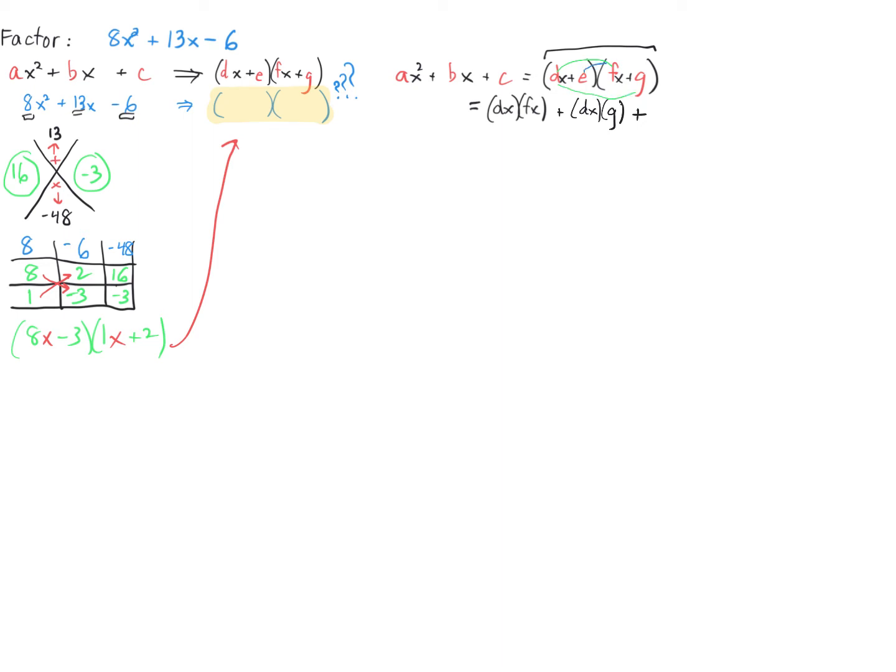So e gets multiplied by the fx, or we can think of that as the inside product, inside times inside. So we have e times fx, and then e gets multiplied by g. So we could think of that as the last term times the last term. Again, you don't need parentheses here.